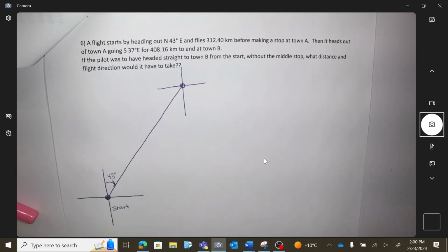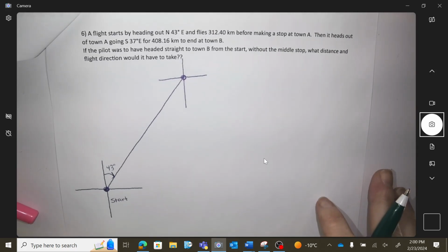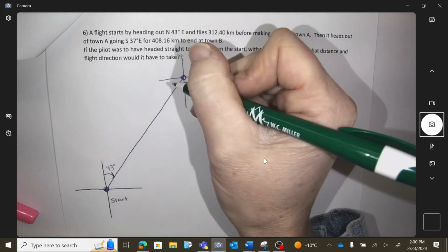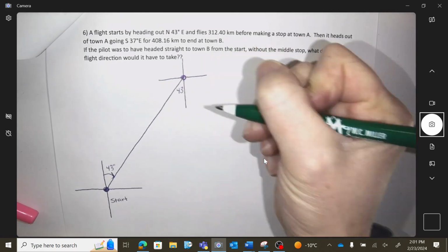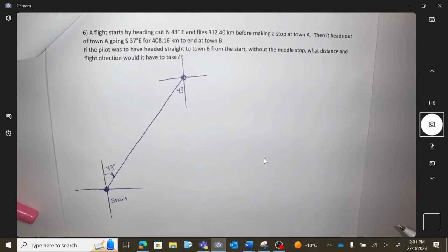Where can you flip-flop 43? On my drawing, where could you flip-flop 43? You could also flip-flop 43 to that in alternating interior.